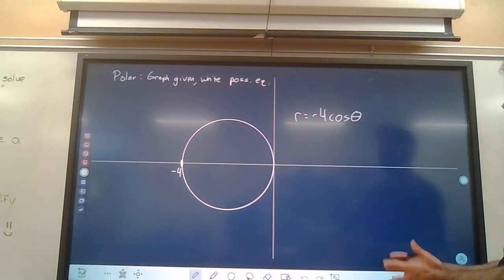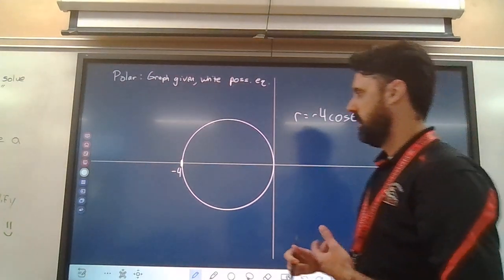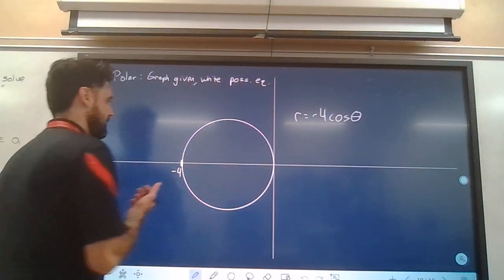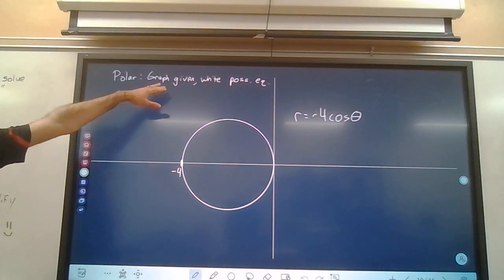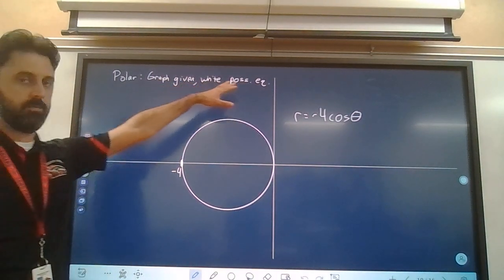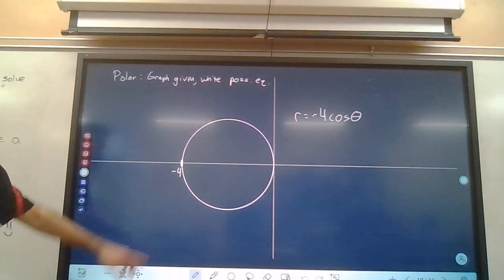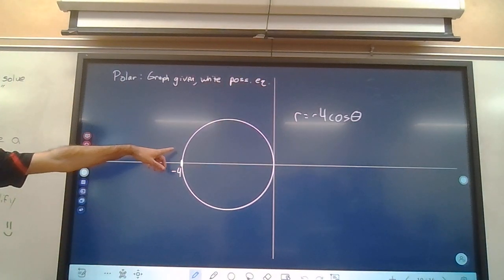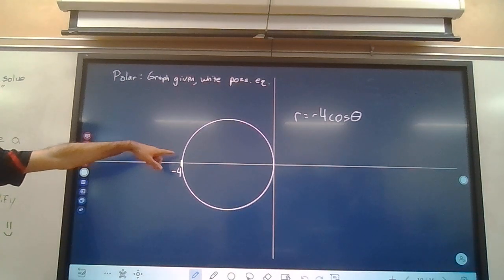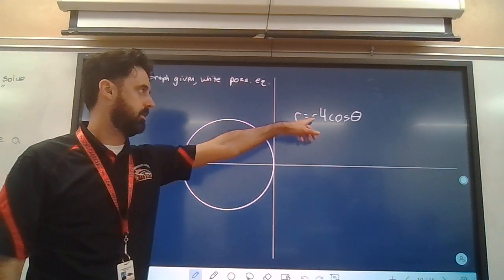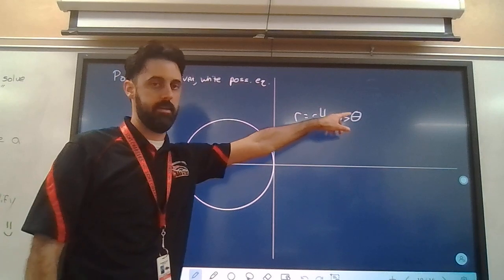All right, we're getting into polar now. For the polar ones, I think it's best if I give you guys a graph and you then write out a possible equation. All right, so I want to go through some different polar examples. So I've got a circle here. Circles are always going to be r equals a number times either sine or cosine of theta.